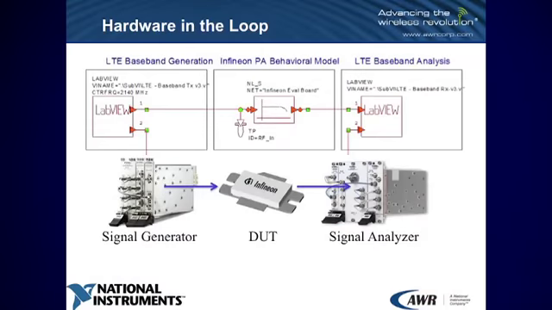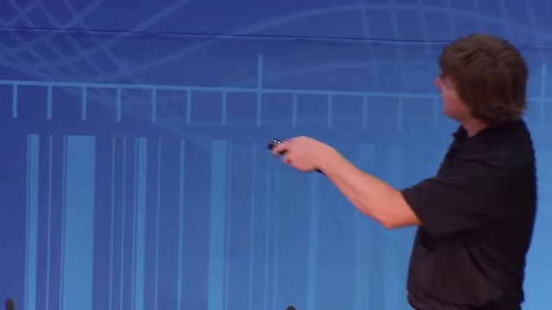So now that we've looked at the simulation side, let's look at the measurement side of how we could use these same blocks. You can imagine if I can create an IQ waveform and pass it to a simulated component, I could certainly pass it to a vector signal generator. That gives me an analog version of the exact same waveform that I've used to stimulate my simulated model.